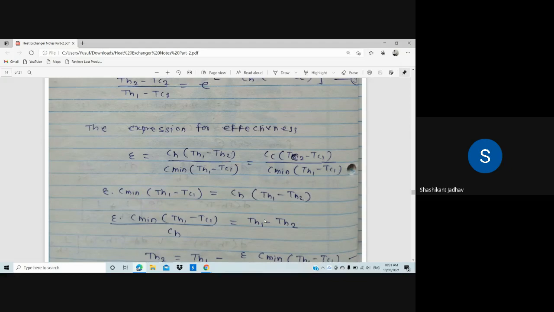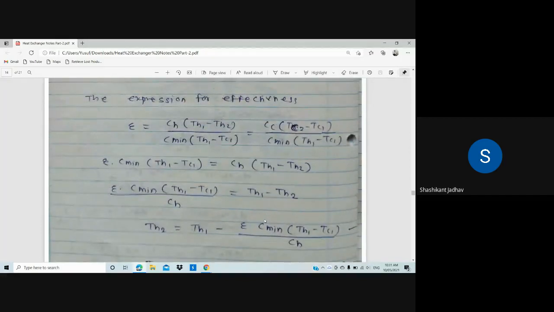So all of you write down the expression for the effectiveness. Epsilon is equal to CH into bracket TH1 minus TH2, divided by C minimum into bracket TH1 minus TC1.